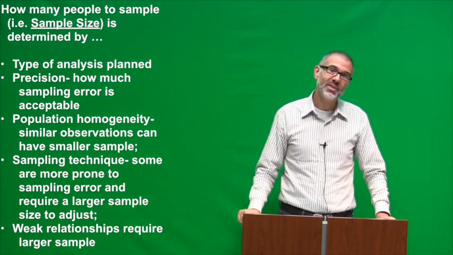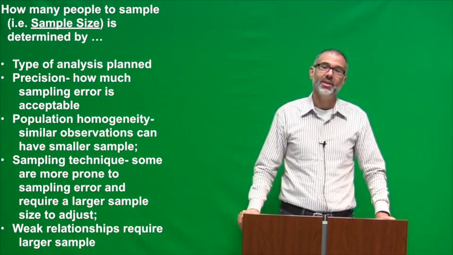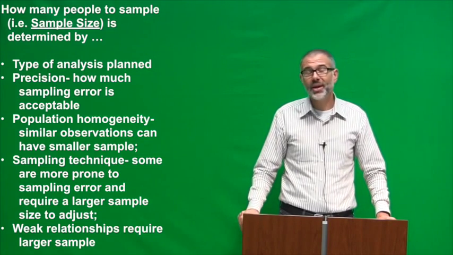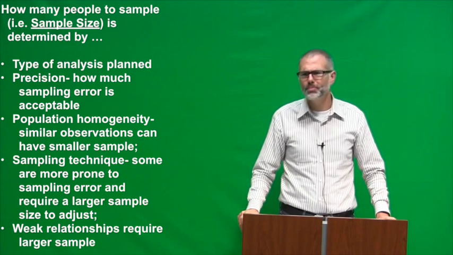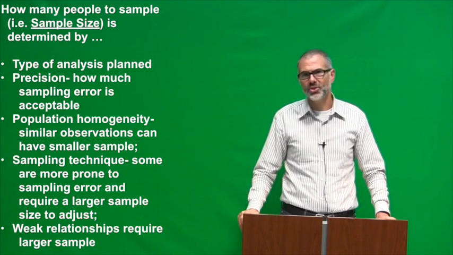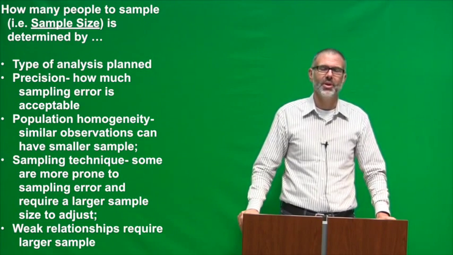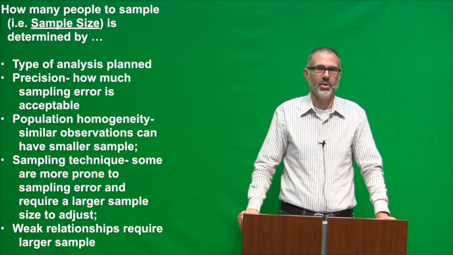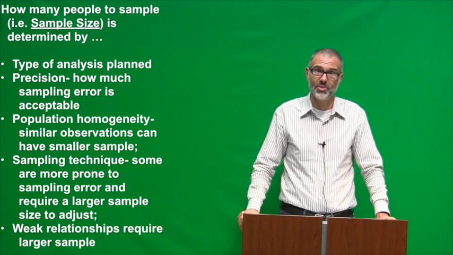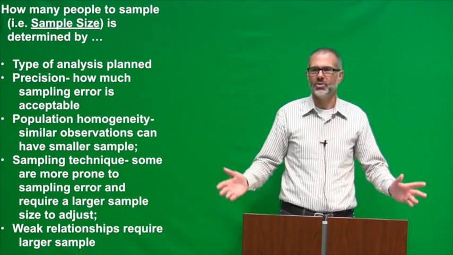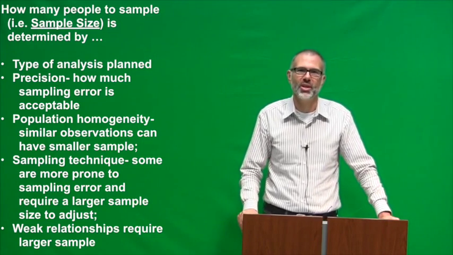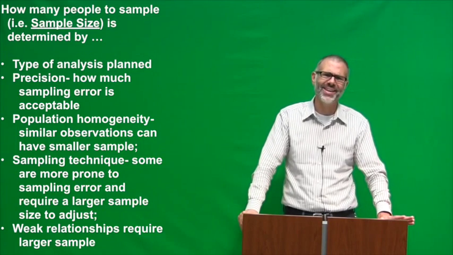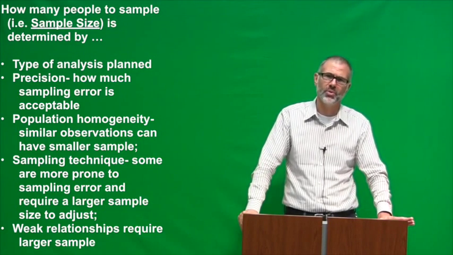So if I'm interested in finding the difference between cancer rates between smokers and non-smokers, well, lung cancer is much, much, much higher in smokers than in non-smokers. And so I only need a few people in each of those groups to determine that there's a difference between those groups in terms of risk of lung cancer, since some large percentage of people that smoke will develop lung cancer, whereas a very, very tiny number of people that don't smoke will develop lung cancer.